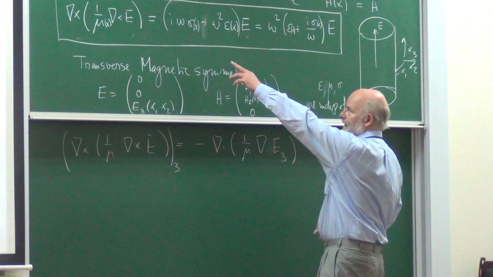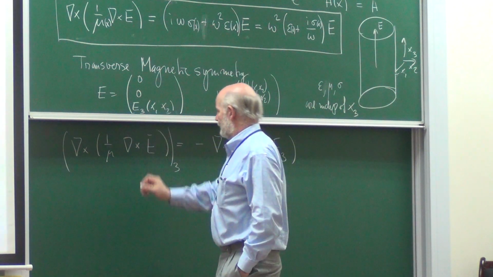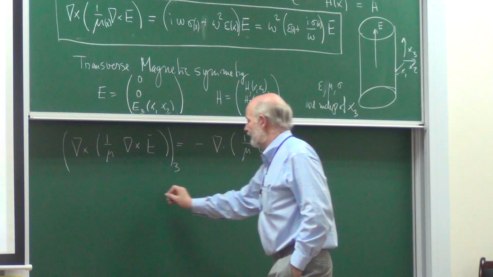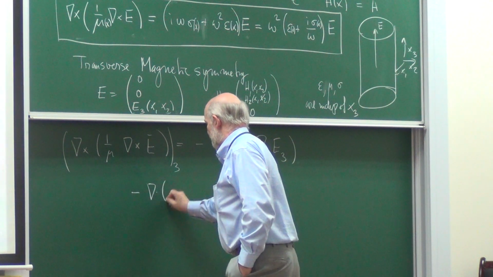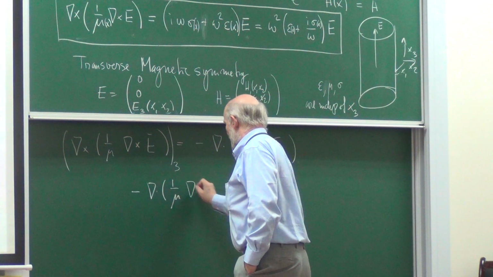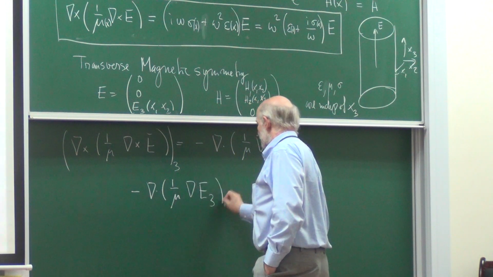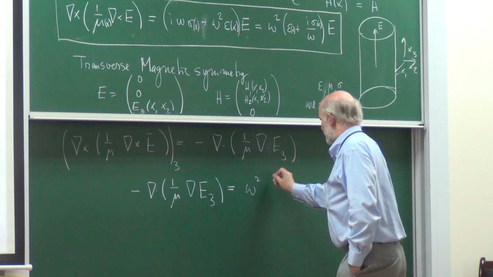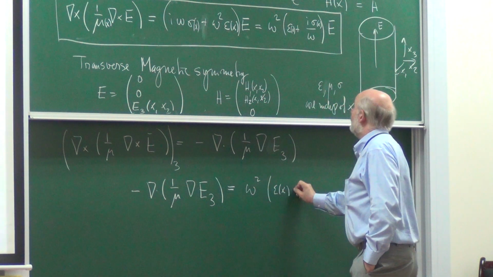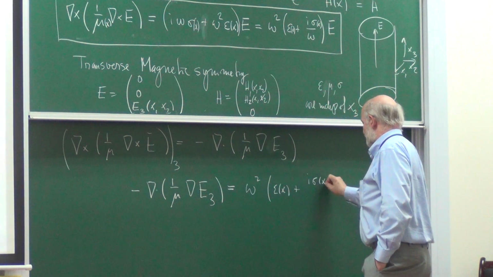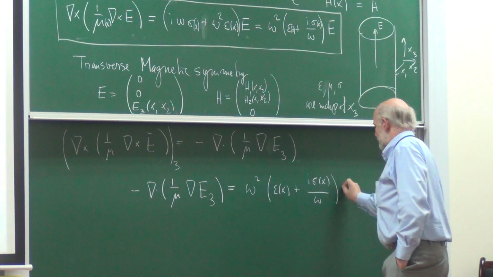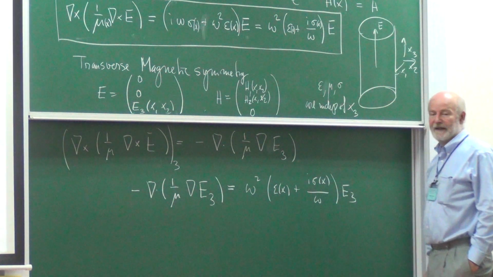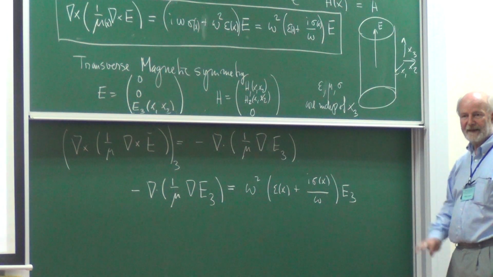If you write down this equation, you have minus divergence of 1 over mu grad E3 is equal to omega squared epsilon(x) plus i sigma(x) over omega times E3.